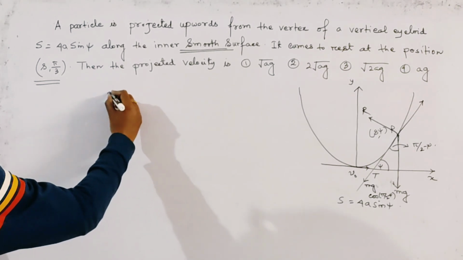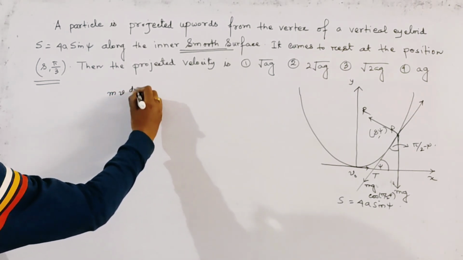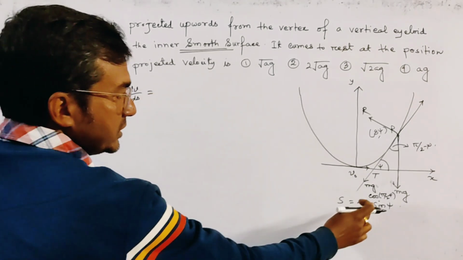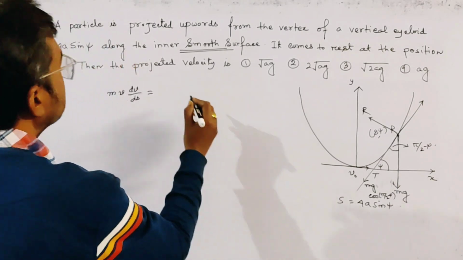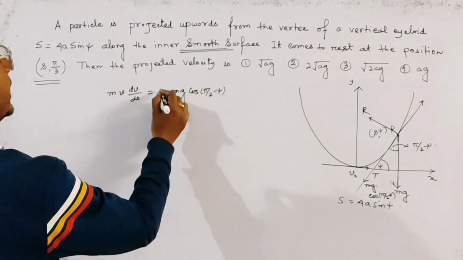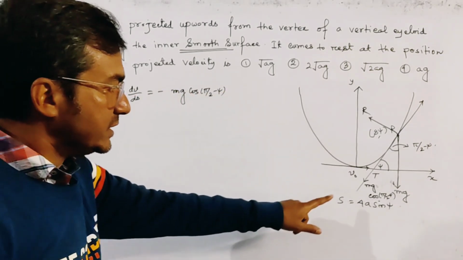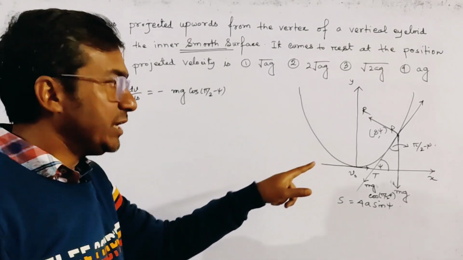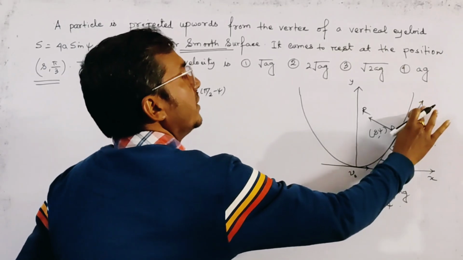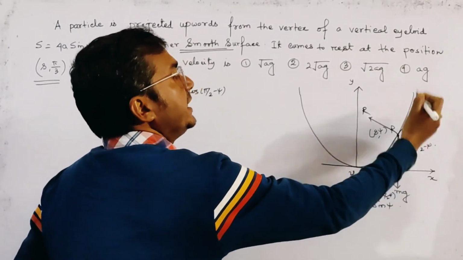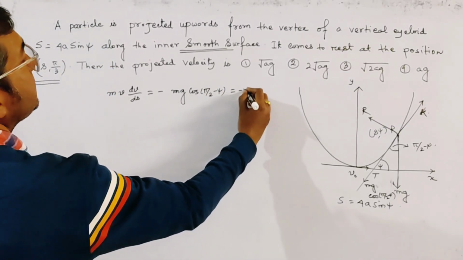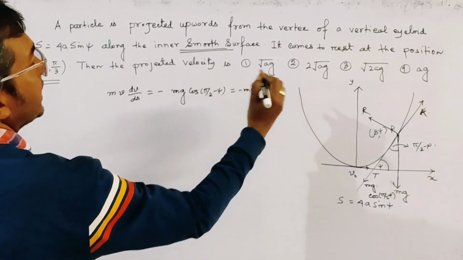The tangential equation of motion is m v dv/ds, this is the tangential acceleration, and there is only one force, mg cos(pi by 2 minus psi), and here there must be a negative sign because this is in the direction of the negative tangent, since if we mark this point as K, TK is the positive tangent. So we get minus mg sin psi.